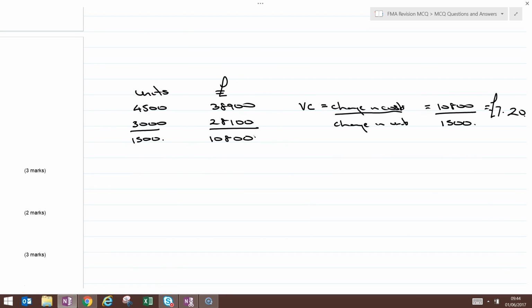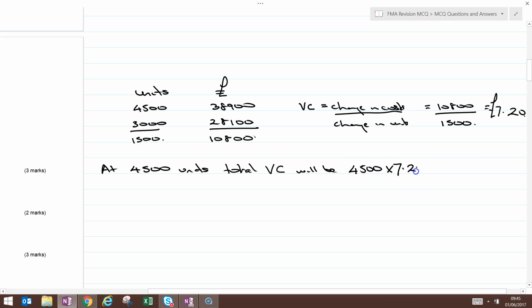We're then asked to work out the total fixed costs. So we know the variable cost, so we go back to either level of output. We can use the 4,500 units or we can use the 3,000 units. We will get the same answer for the fixed costs. So at 4,500 units, the total variable cost will be 4,500 times £7.20, which comes to £32,400.